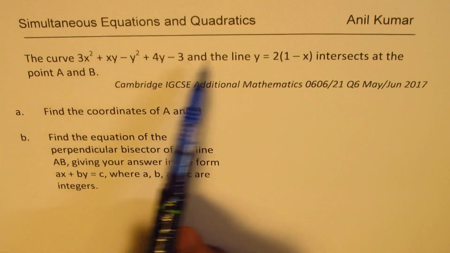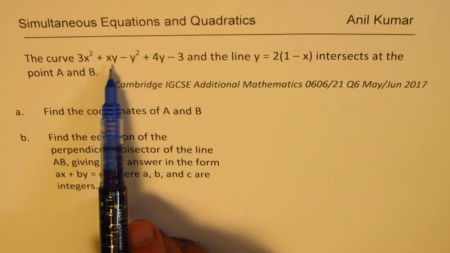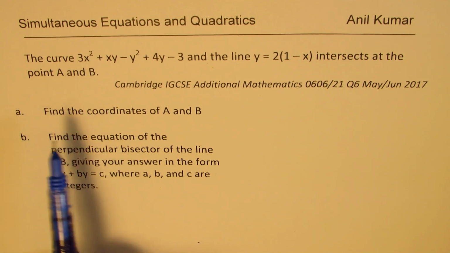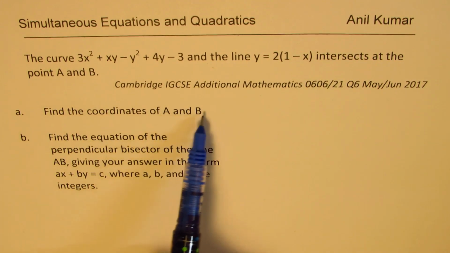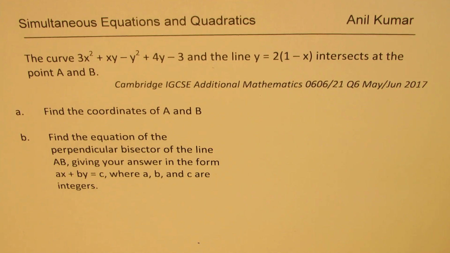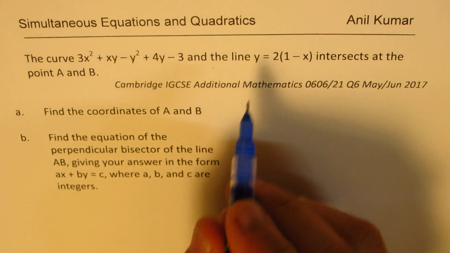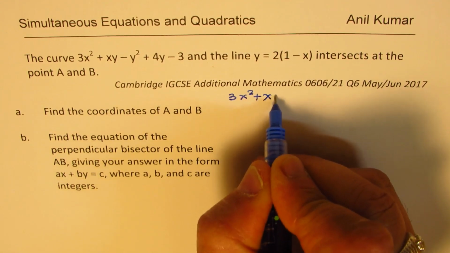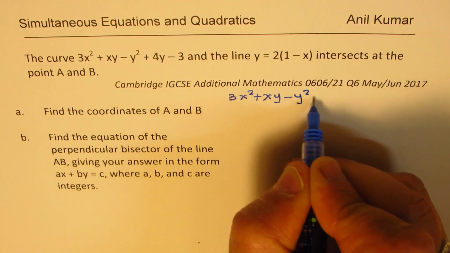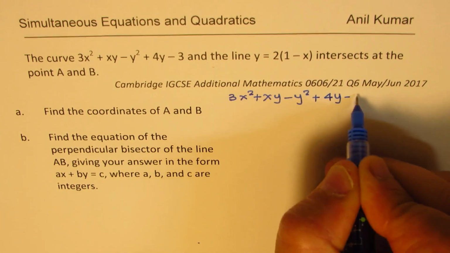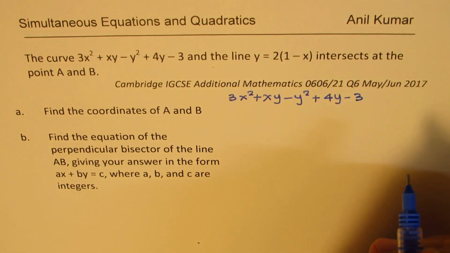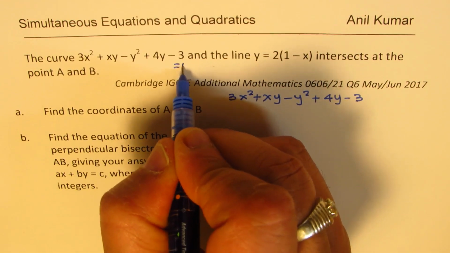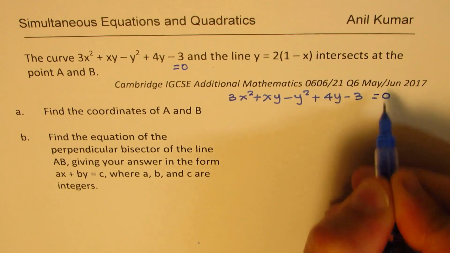Now, we are given two equations and two unknowns, so it can be easily solved. A quadratic equation means we expect two solutions, and that gives you the idea why there are two points A and B. First, we have the equation 3x squared plus xy minus y squared plus 4y minus 3, and I'll write this as equal to 0.